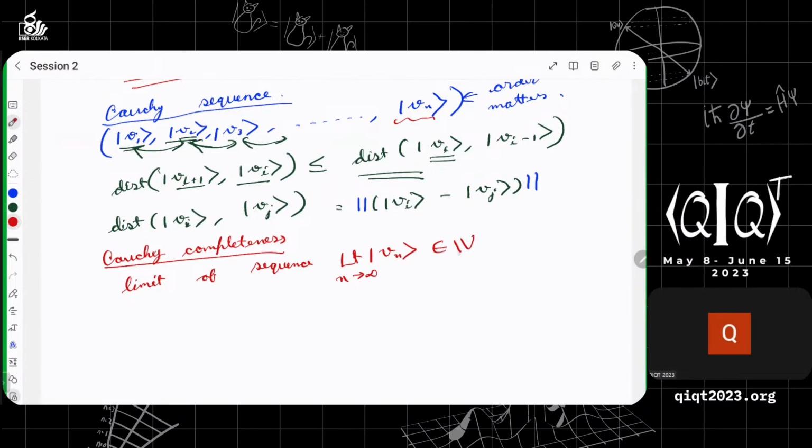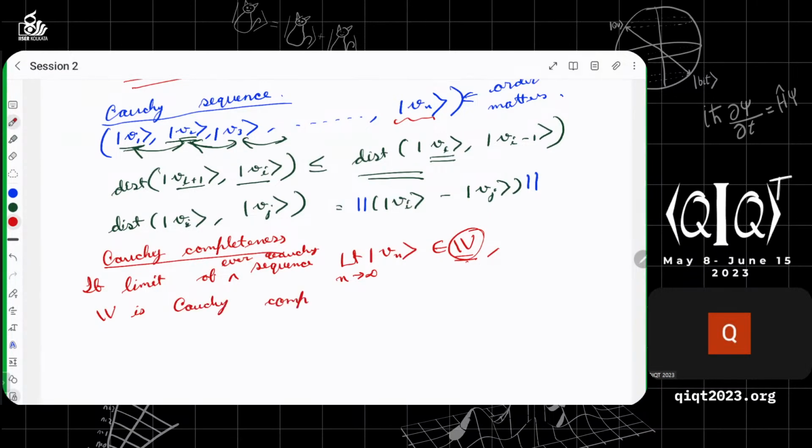So if that belongs to V, that is, if the limit of every Cauchy sequence is in the same space, then we say that V is Cauchy complete.